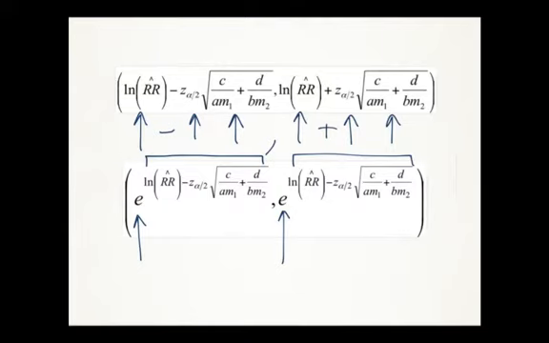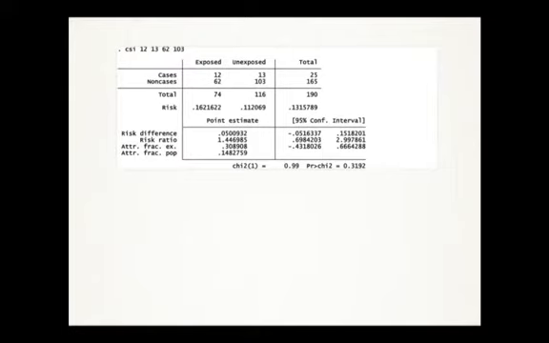All right, good. So again, big picture is we're looking at measures of association for these different types of studies, and we can look at the risk difference or the risk ratio, and then we can construct confidence intervals for both. So what does this look like in Stata? Here it is. So you can see Stata very helpfully gives us the risk difference here, as well as the risk ratio here, okay?